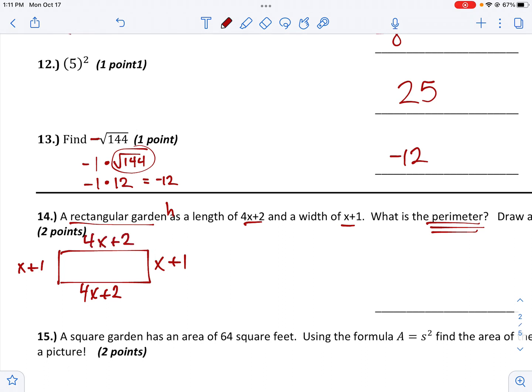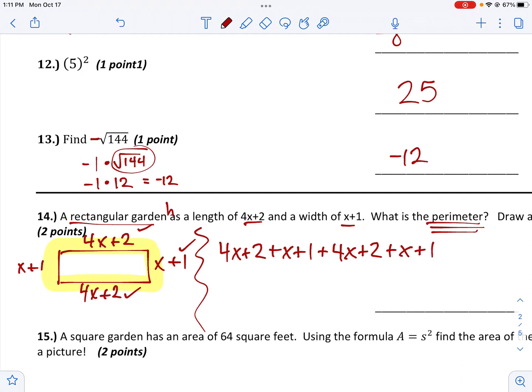Okay? And remember, the distance around, we're going to walk the entire way around, which means we need to add all of the sides. So I have 4x plus 2, which is this one, plus x plus 1, which was this one, plus 4x plus 2, plus x plus 1. Okay, so I have all 4 of my sides.